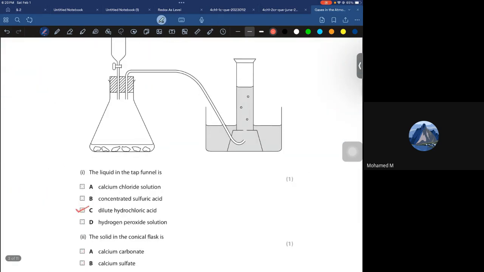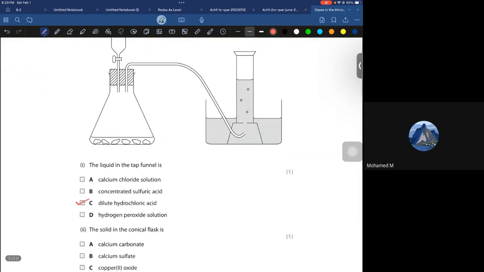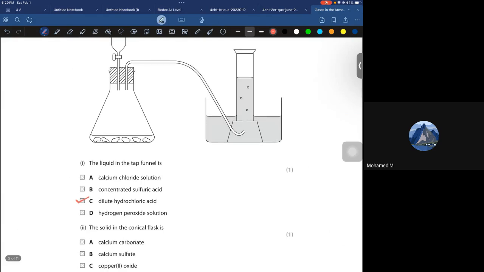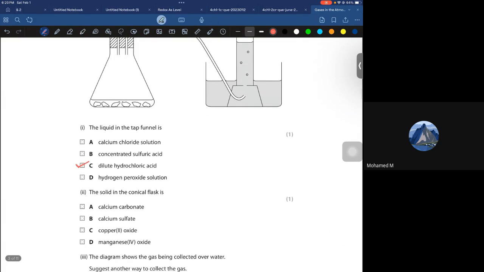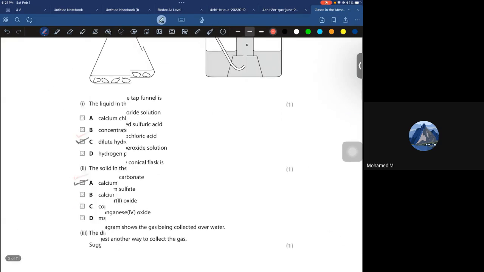When hydrochloric acid reacts with carbonate, it releases carbon dioxide. The solid in the conical flask should contain carbonate. You have to select the option in which you can see the carbonate. Obviously, it would be A. Am I right? Yeah, exactly.